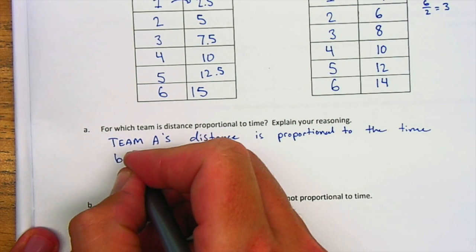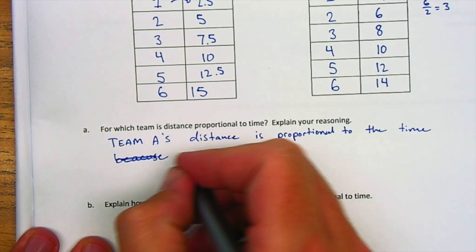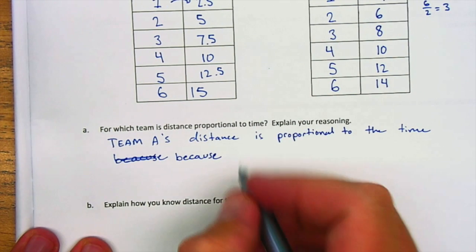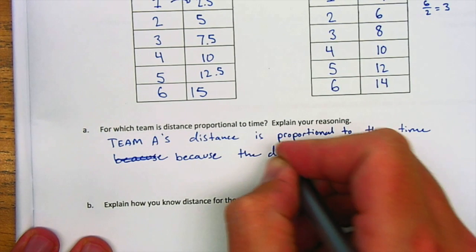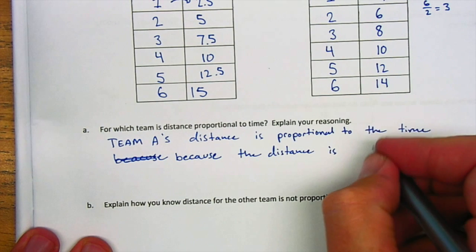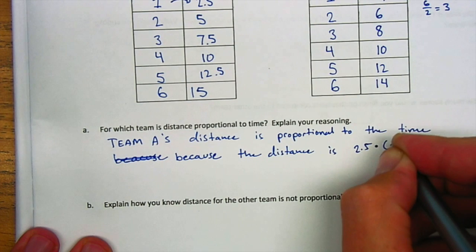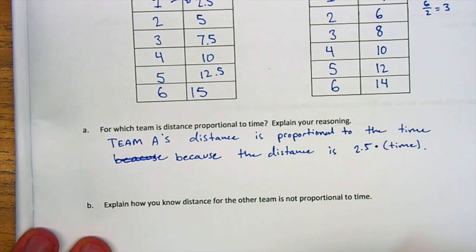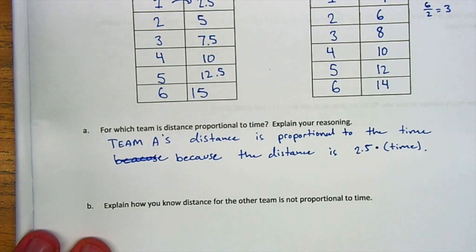Because, my favorite word, B-E-C-A-U-S-E, because the distance is 2.5 times the time. And that would answer that first question. So we know that we multiply by the same constant of proportionality.